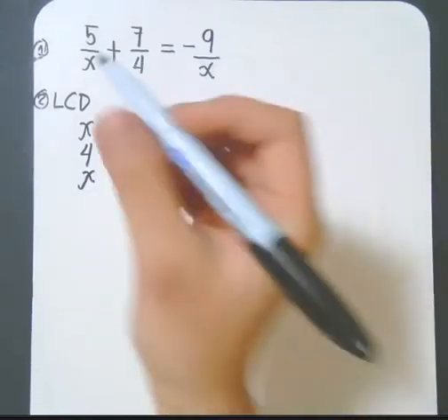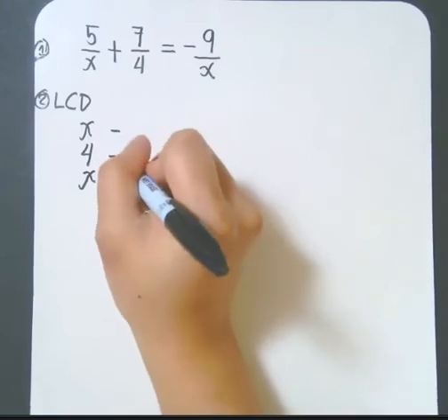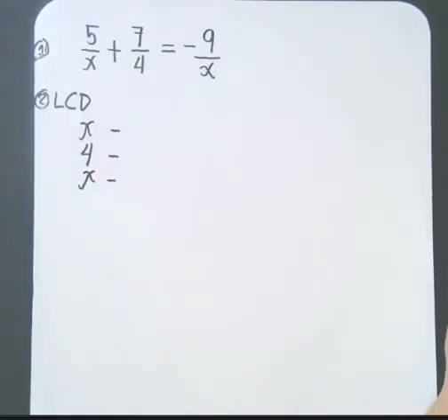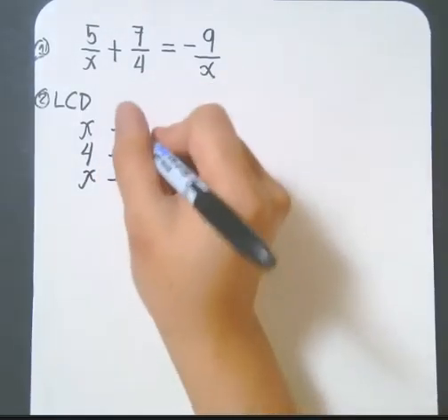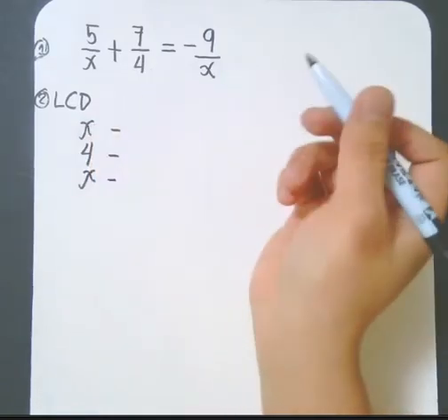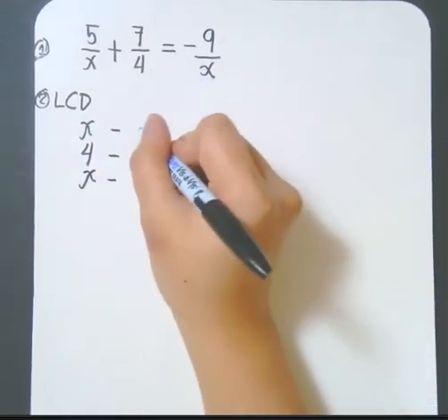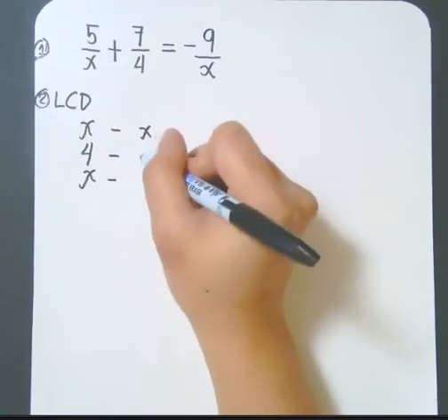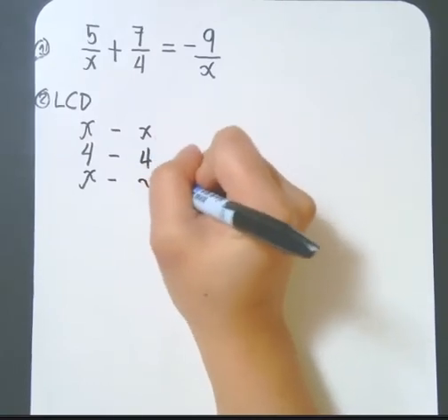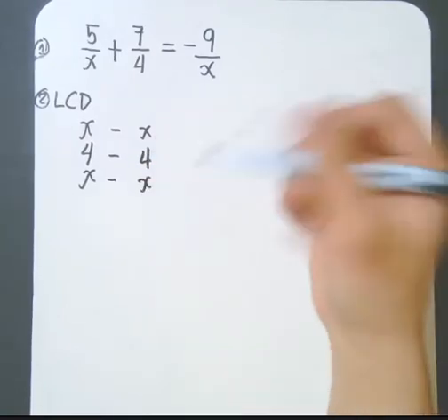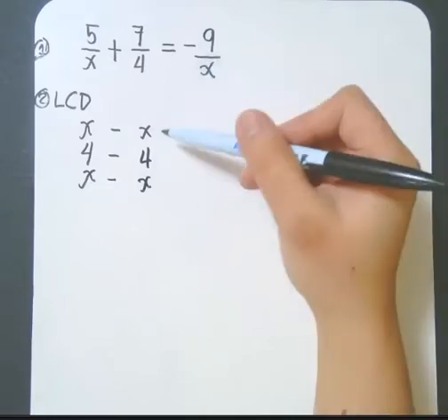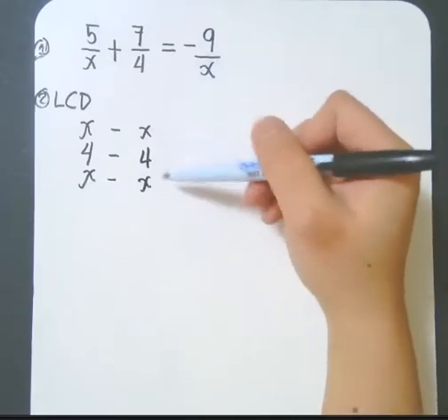In order for us to get the LCD, we need to factor all our given denominators. X cannot be factored anymore, so we will just write x. The same goes for 4 and x. And then we will identify those common factors that we have.